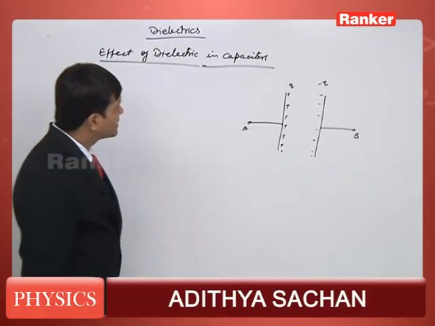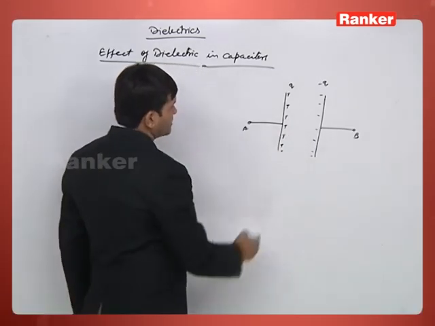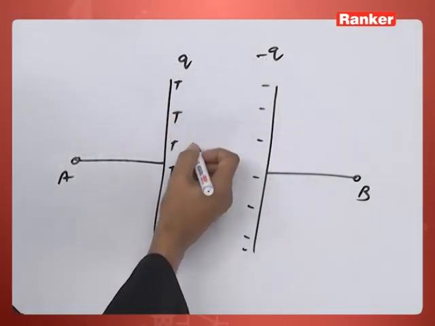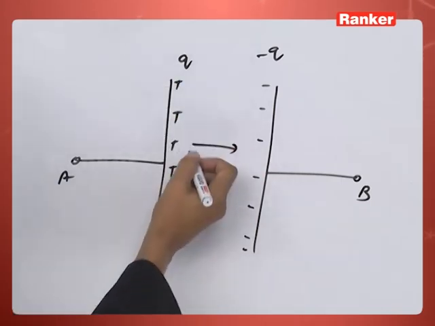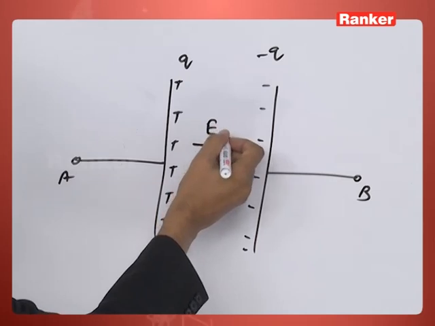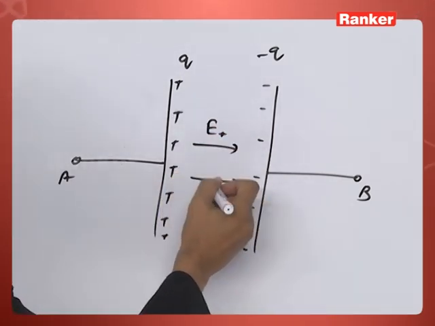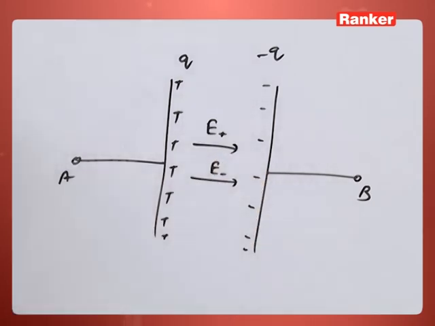Now if we look at the electric field between the plates, it is due to the positive charge and due to the negative charge. The electric field due to the positive charge is in this direction, and due to the negative charge it is also in the same direction.